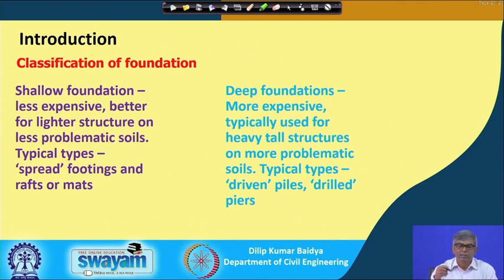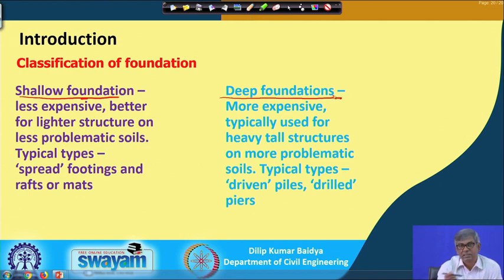When you broadly classify, it comes in two groups: one is shallow foundation and another is deep foundation, and this I already partly covered in the introduction. Shallow foundation is generally less expensive and better for lighter structures on less problematic soil.